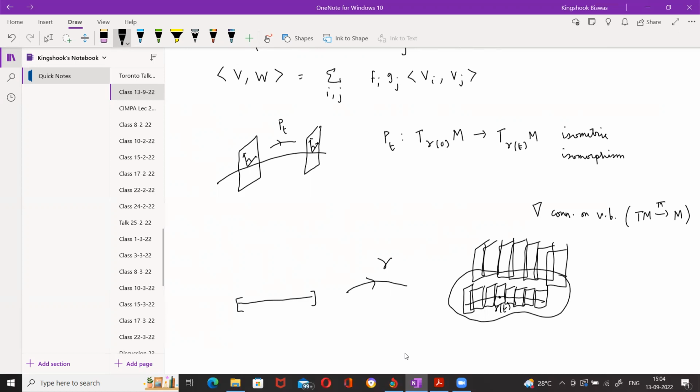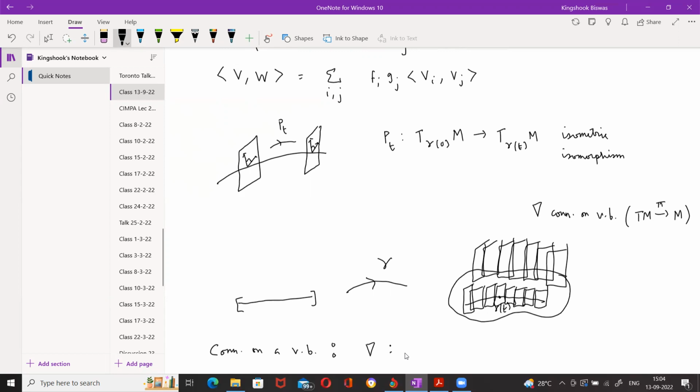So look, what is a connection on a vector bundle? It's a way to differentiate sections of the vector bundle. So what do I mean?